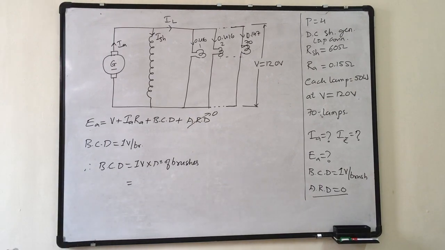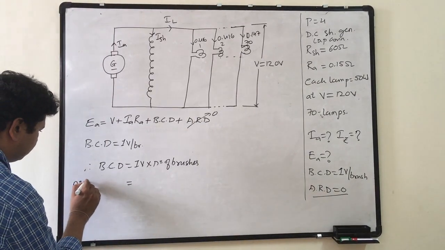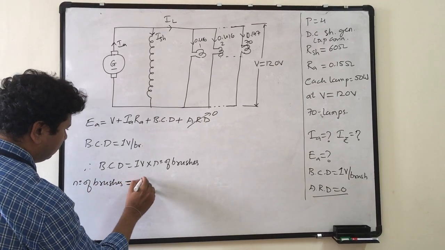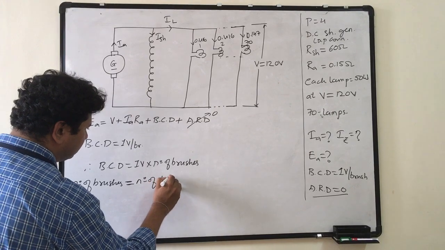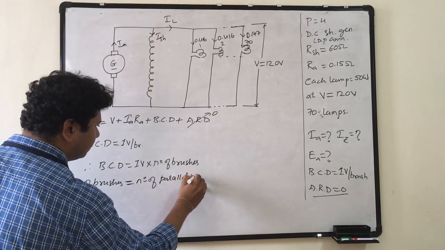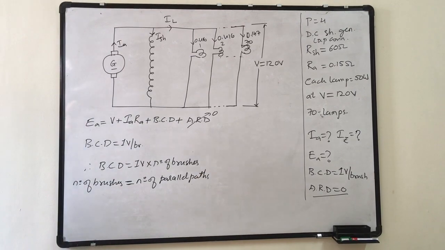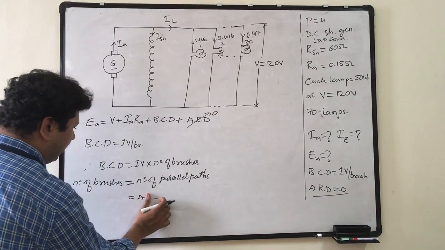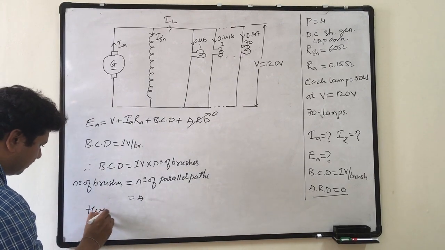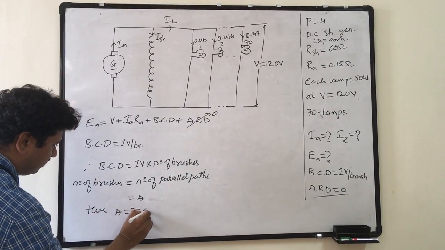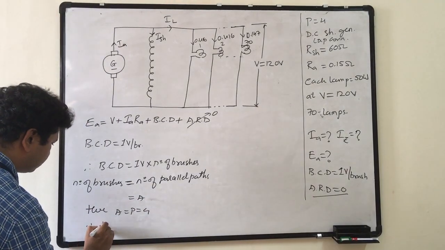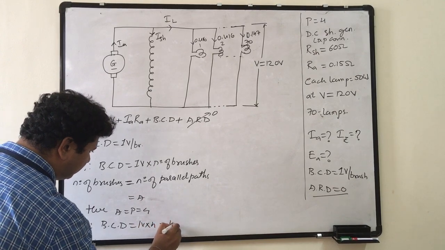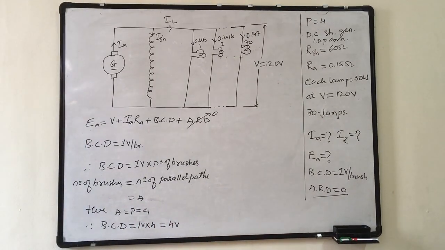So number of brushes is equals to number of parallel paths, that is equals to A. And here A is equals to P is equals to 4. Therefore, BCD is equals to 1 volt into 4, that is 4 volts. Because it is a lap wound machine.